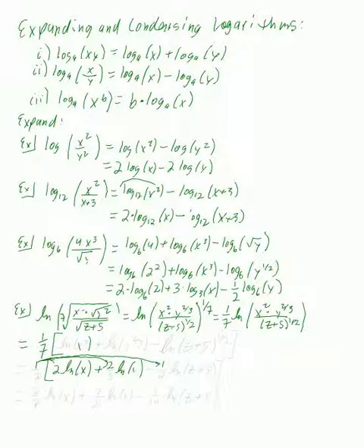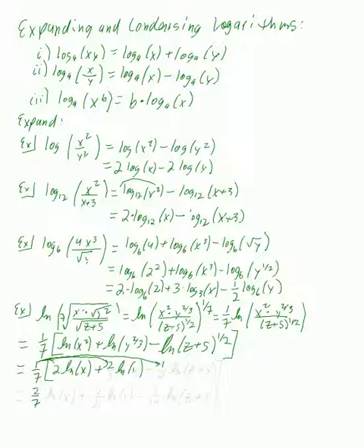And now I'm going to use rule number 1 for the numerator, so natural log of x squared plus natural log of y to the 2/3 power. And down below, I'm going to do the minus, which is rule number 2 up above, because I'm dividing by that, of natural log of z plus 5 raised to the 1/2 power. All that in brackets. Now please note, I still have the 1/7 out in front. We just need to kind of keep that hanging out there for right now.